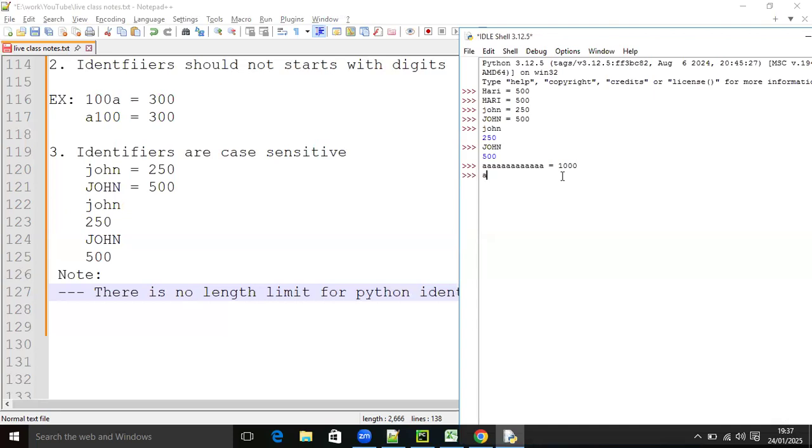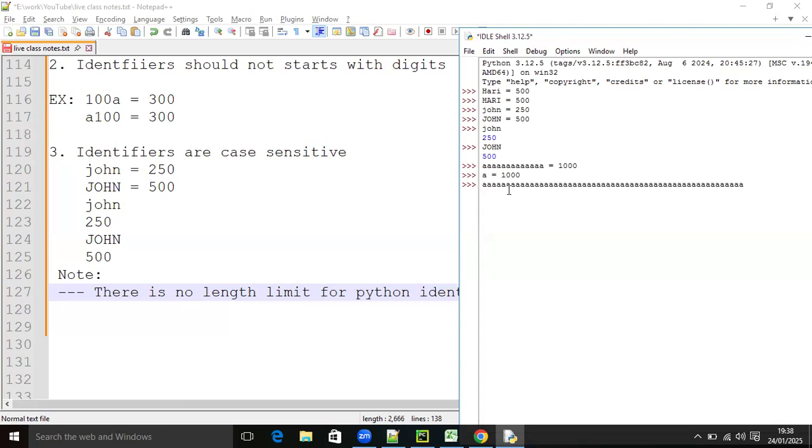If you give only a single a equal to 1000, it will accept both. Whatever lengthy name you want to give, you can give. There is no issue for that. It will accept both single alphabets and lengthy alphabets.